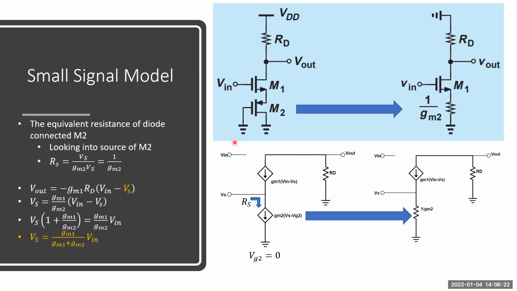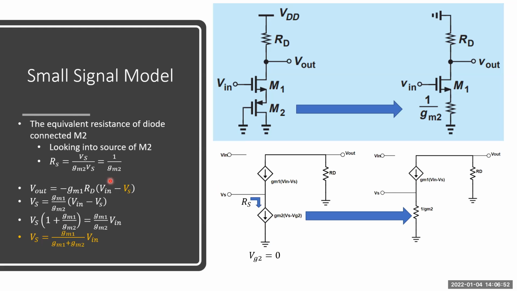We need to look into the source of M2 here. Let's call it RS. What is the equivalent impedance RS? RS is equal to the voltage from this node to ground divided by the current. The gate voltage of M2 is 0, so in the small signal model it is grounded as well.